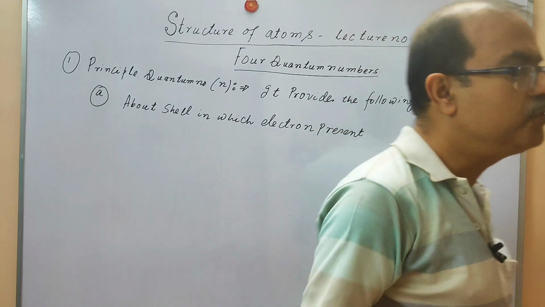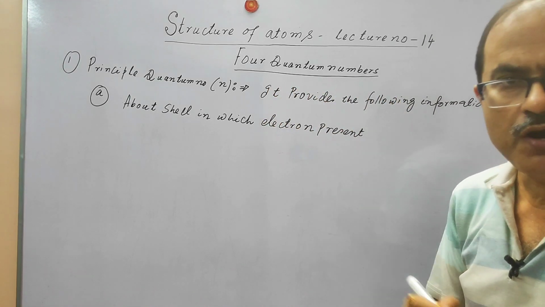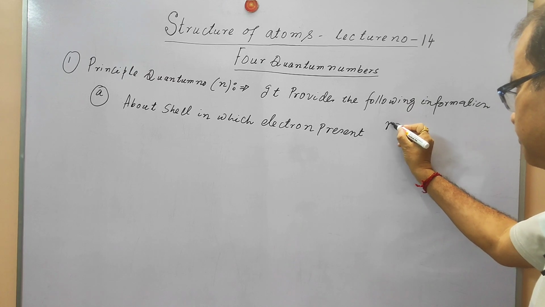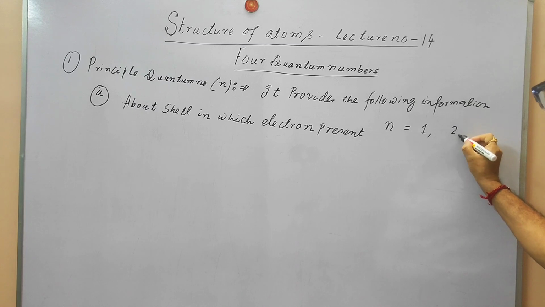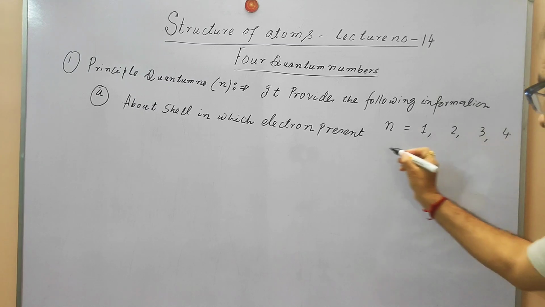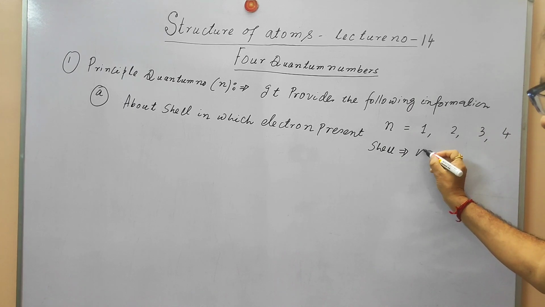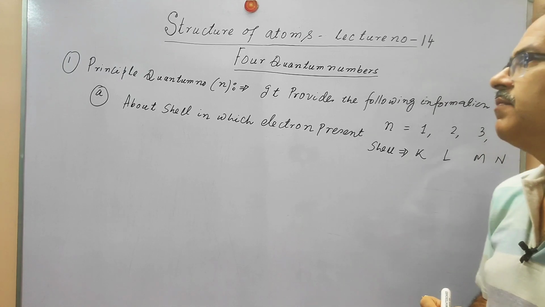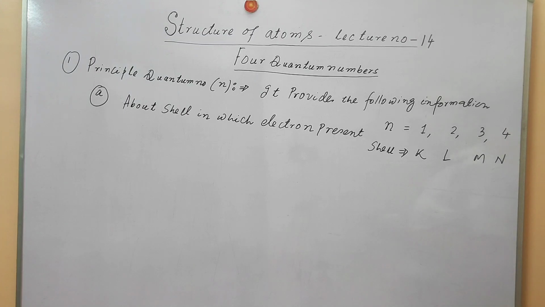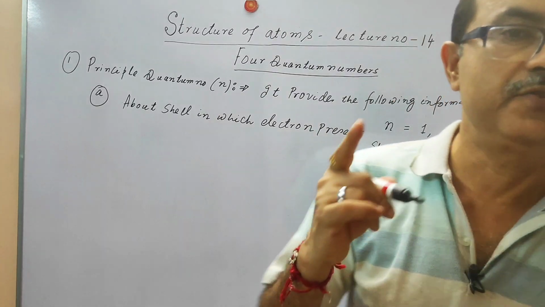It provides information about the shell in which the electron is present. The principal quantum number is represented by integers 1, 2, 3, 4, and accordingly the shell is given by the alphabetic letters K, L, M, N. So the first information we get is about the shell in which the electron is present.